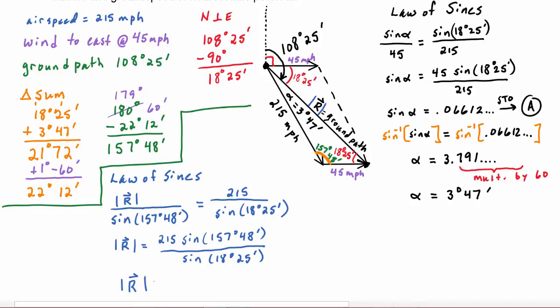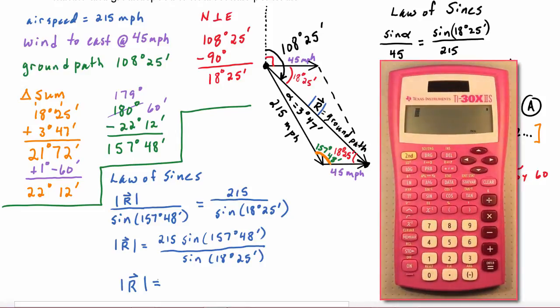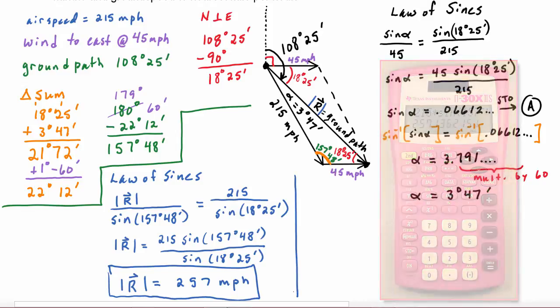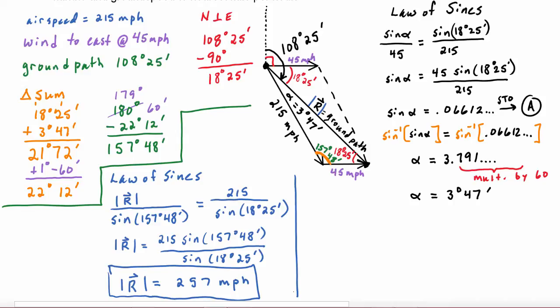So then the magnitude of r is going to be, we take 215 times the sine of 157 degrees 48 minutes and divide that by the sine of 18 degrees 25 minutes, and rounding to the nearest mile per hour, we are going to get 257 miles per hour.